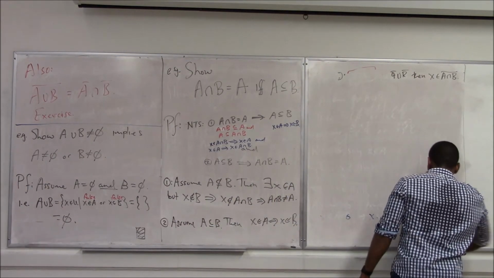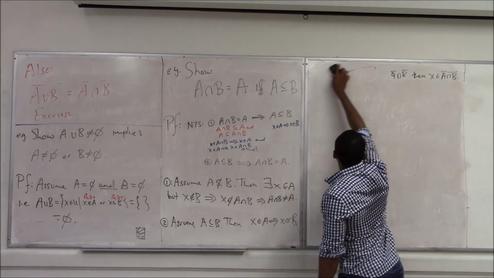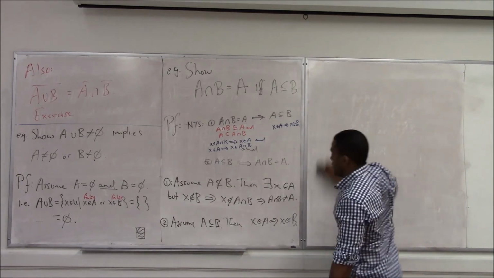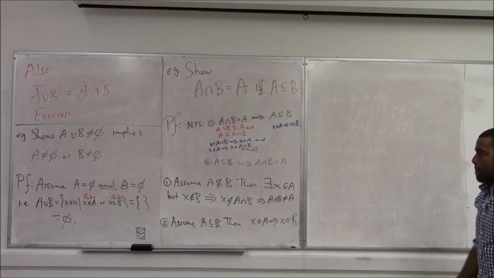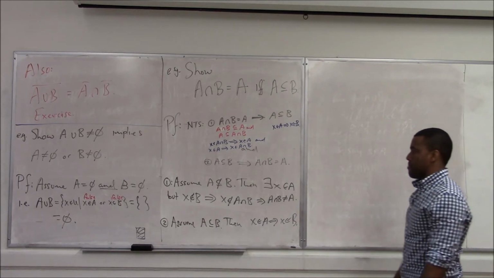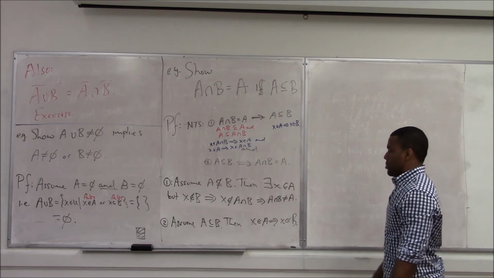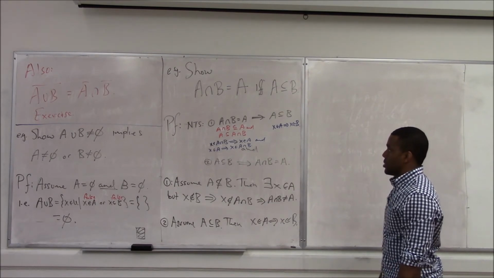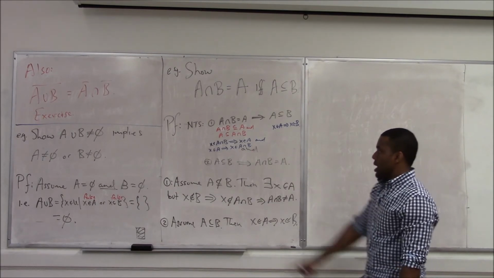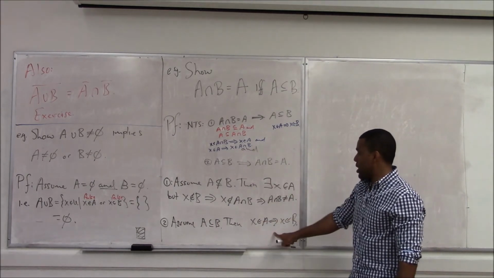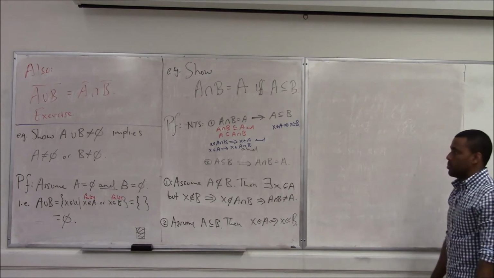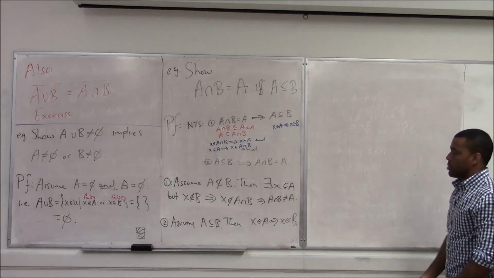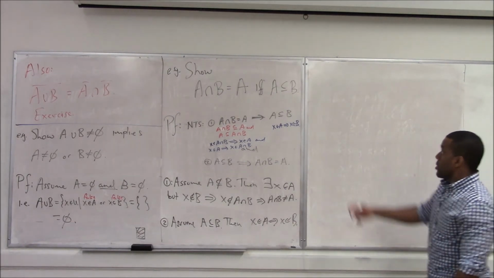So I'm assuming this, it means this. What I want to show is that this is equal to that. Then does that mean x is in A intersect B? Right.